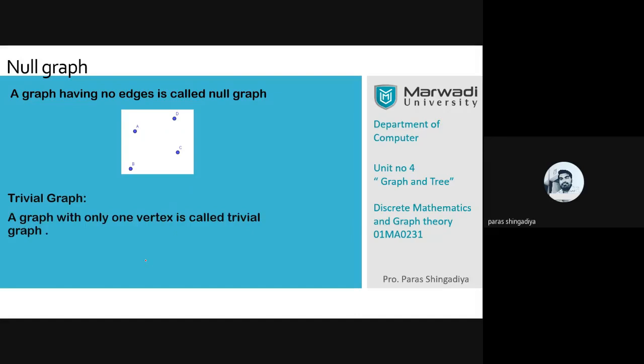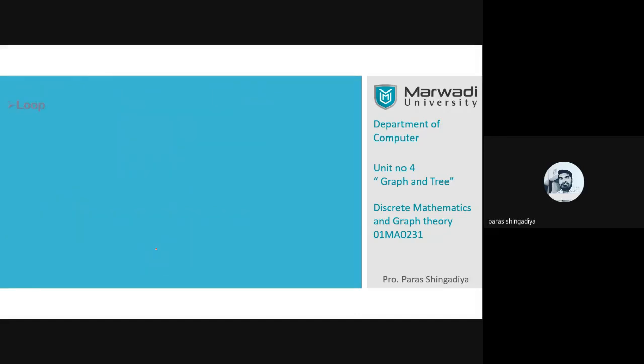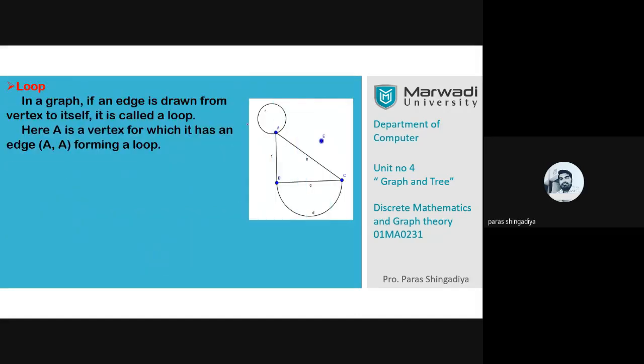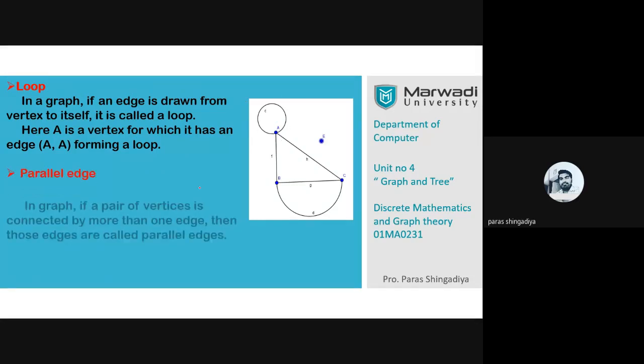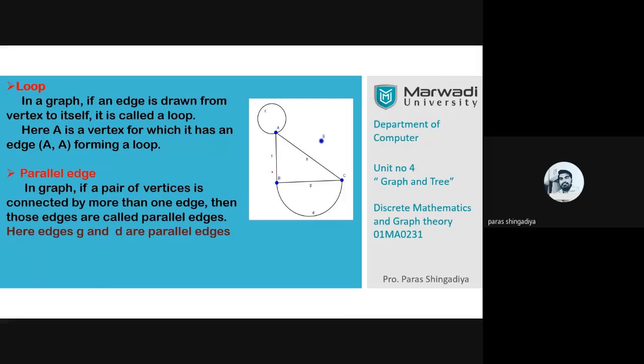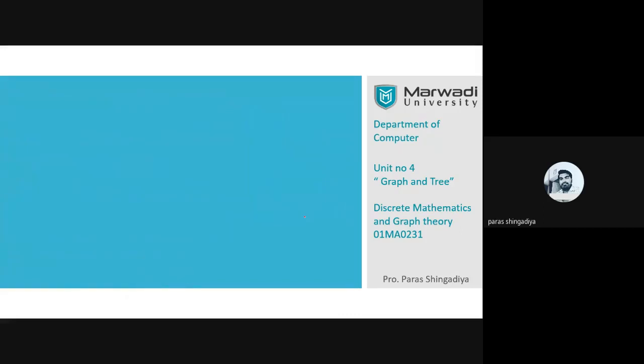Trivial means there is only one vertex. A loop is an edge whose starting and ending vertex are the same. Parallel edges are two vertices connected by more than one edge. A graph that contains parallel edges is called a multigraph.